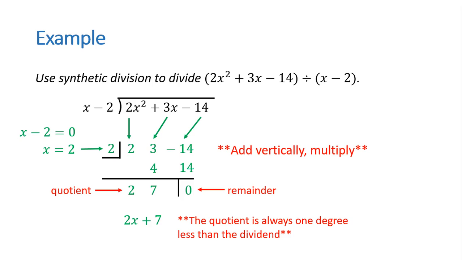That means our quotient, whatever we're left over with, the highest exponent is going to be a 1. So we just go in order from term to term, going left to right, and we put in our x with our respective exponents going left to right, going highest to lowest. And then of course, if we have a remainder, we can tack it on just like we did before as a fraction over the divisor.